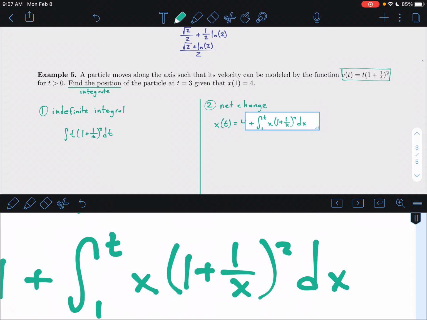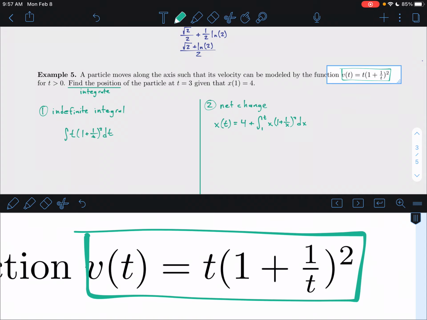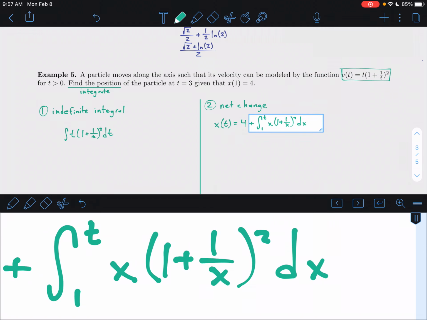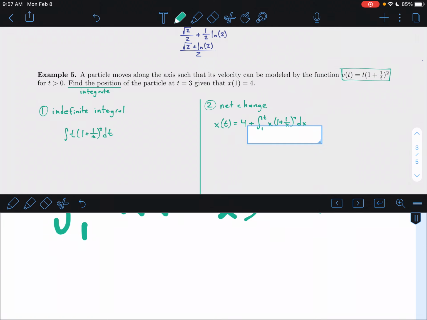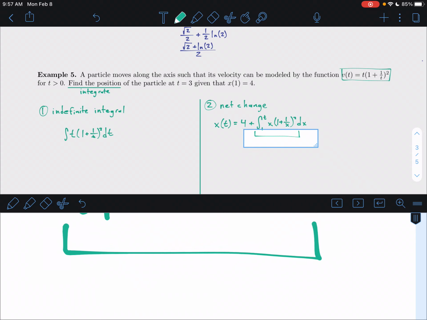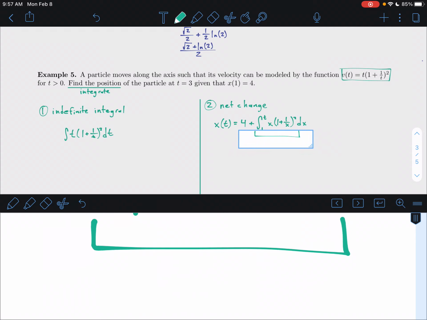And if I plug in that t, I get everything changed to t, which is our velocity function. This integral from 1 to t represents the net change in position from 1 to t.